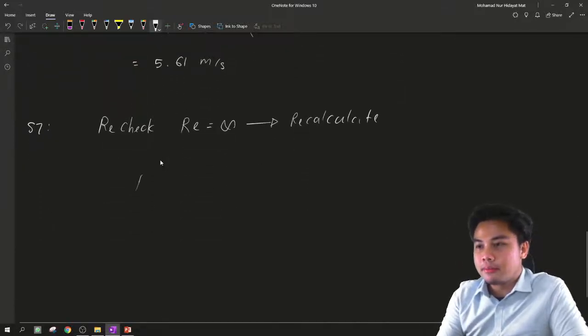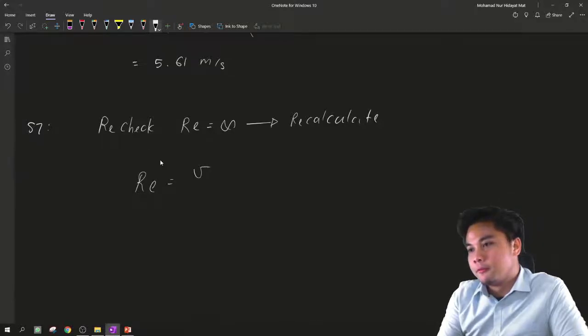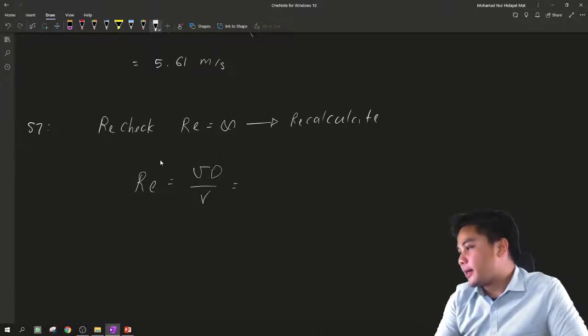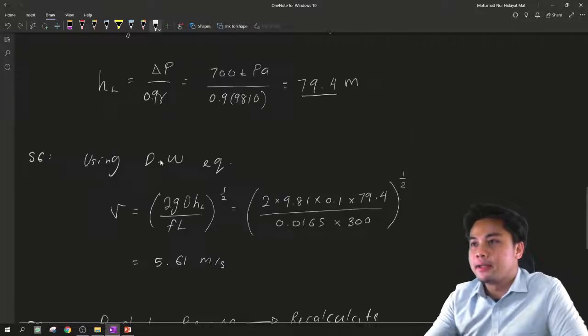Okay, our Reynolds number is Vd over nu. From here, our velocity is 5.61 multiplied by diameter 0.1 over 10 to the power of negative 5. This is given, the nu is given.